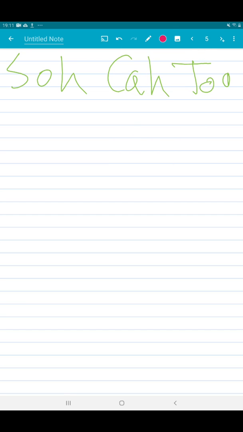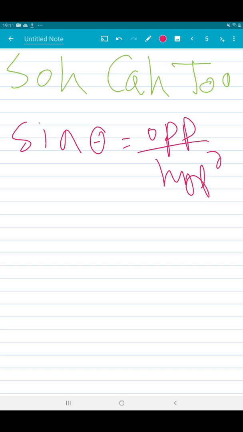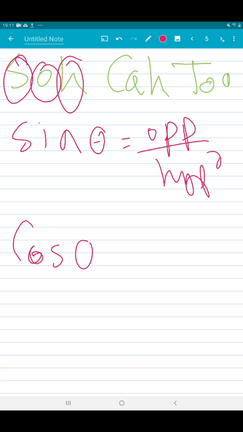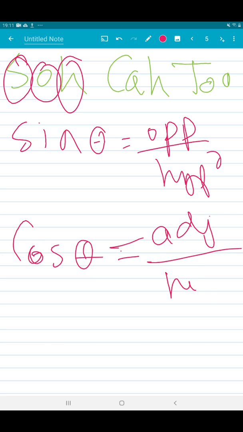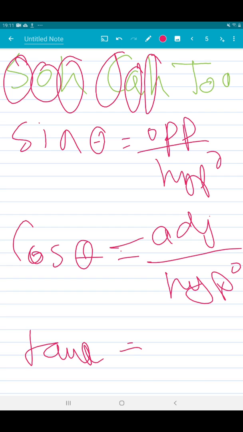So sine theta equals opposite over hypo, the first letter from each word. Sine opposite hypo. What about cosine theta? Cosine theta equals adjacent over hypo. Tan theta equals opposite over adjacent: tan, O opposite, A adjacent.